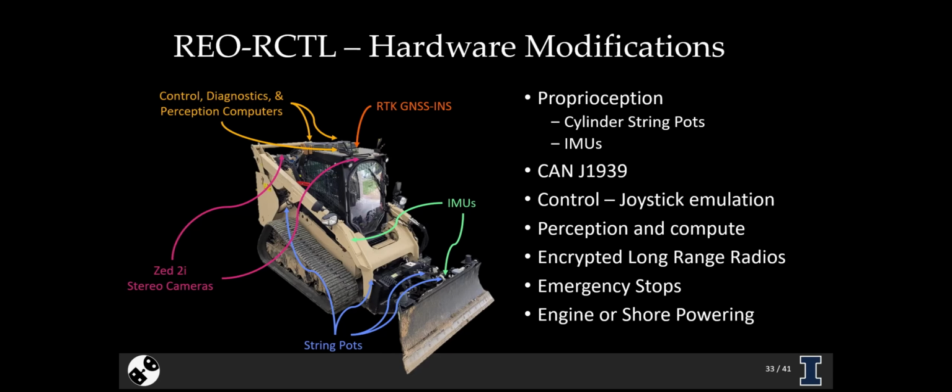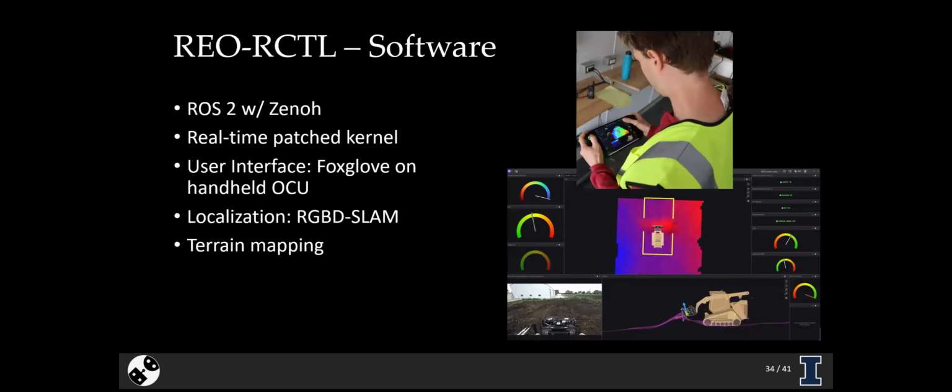Long-range radios enable communication between the ground station and the vehicle itself, and there are a number of modifications for safety, like wireless emergency stops on the actual back of the vehicle in case something went rogue. And then we also redid the power system for this as well. So it can be powered via the engine, which charges up the battery via the alternator, or we have a shore powering solution as well.